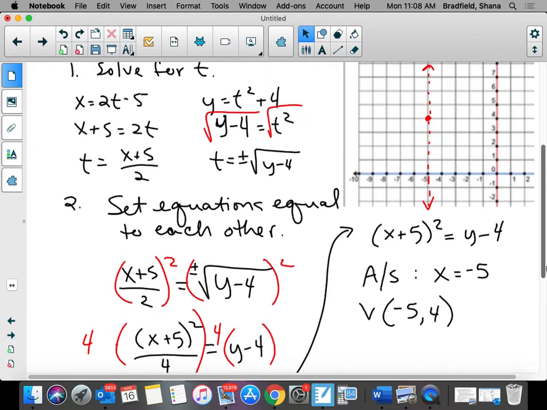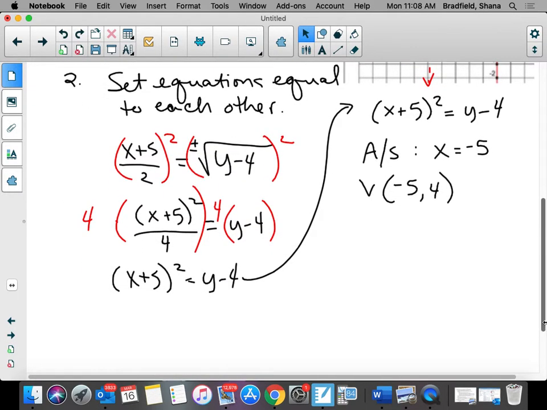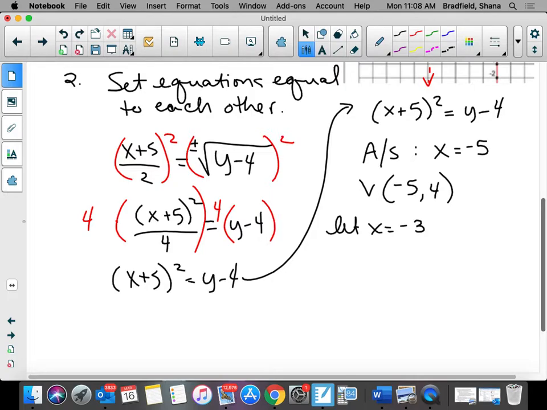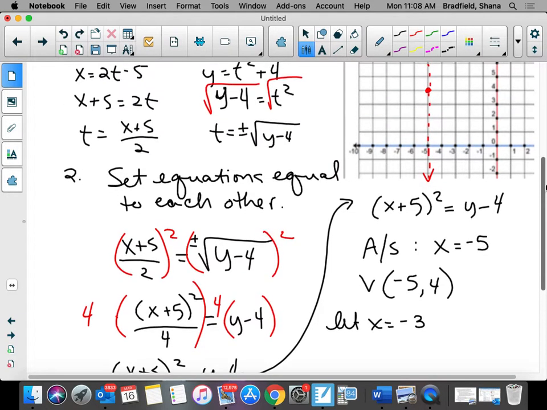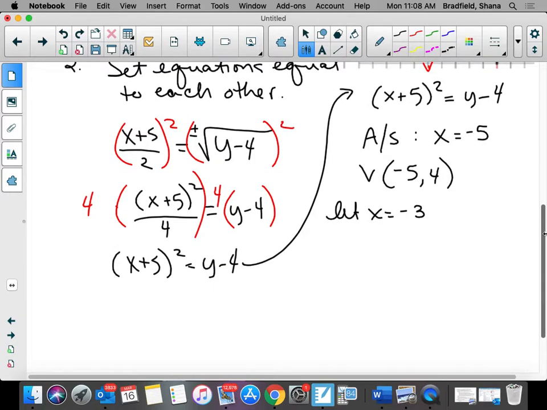Okay. And we need to get another point. I'm going to let x be -3. And so for my equation, I'm going to have -3 plus 5 squared is equal to 4 times (y minus 4), and we'll see what that corresponding y is going to be.